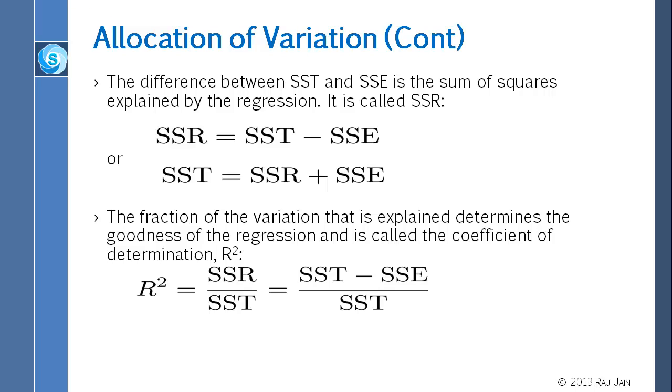Or you can take the fraction: if you divide the whole thing by SST, then you get SSR upon SST is equal to SST minus SSE upon SST. Okay. And that R squared is what you have normally already heard before. It's called the coefficient of determination. That is the ratio of what fraction of the variation is explained by the regression, and so that is the ratio, right?